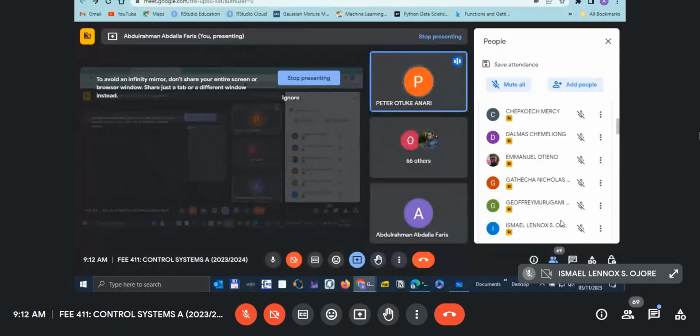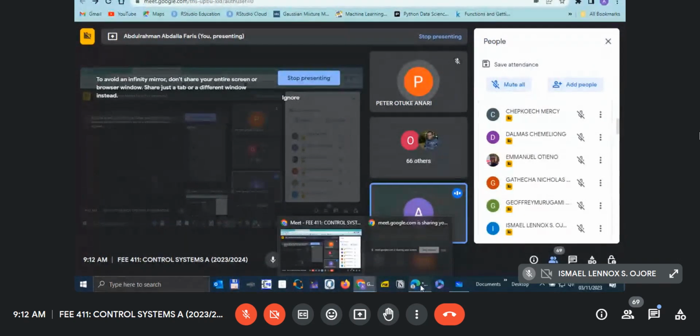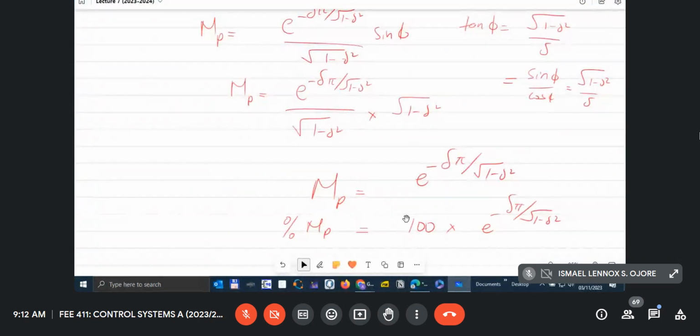Emmanuel? Yeah, we are on. Yes, Peter. So it is good that you go and practice how to derive this, so that these equations are not strange to you, and also the Laplace transform, which is just doing math.